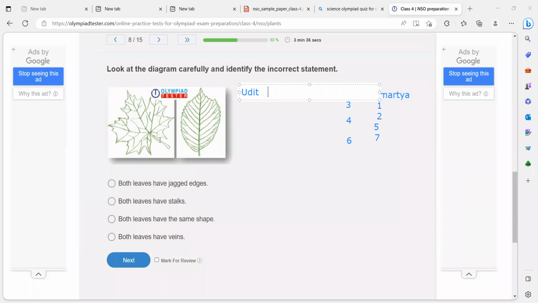Okay, ma'am. What is this? Stalks? These are called stalks. Branches, ma'am. Who gives support to the leaf?